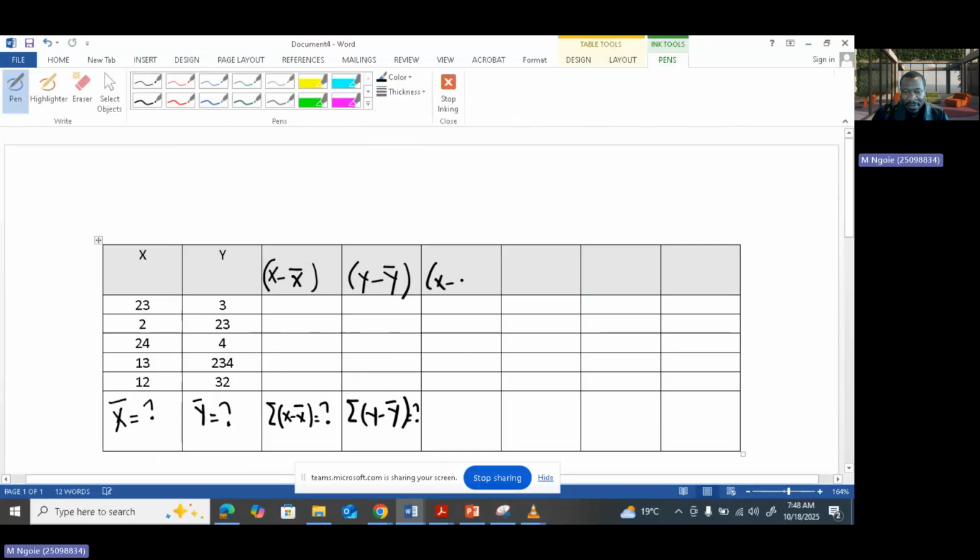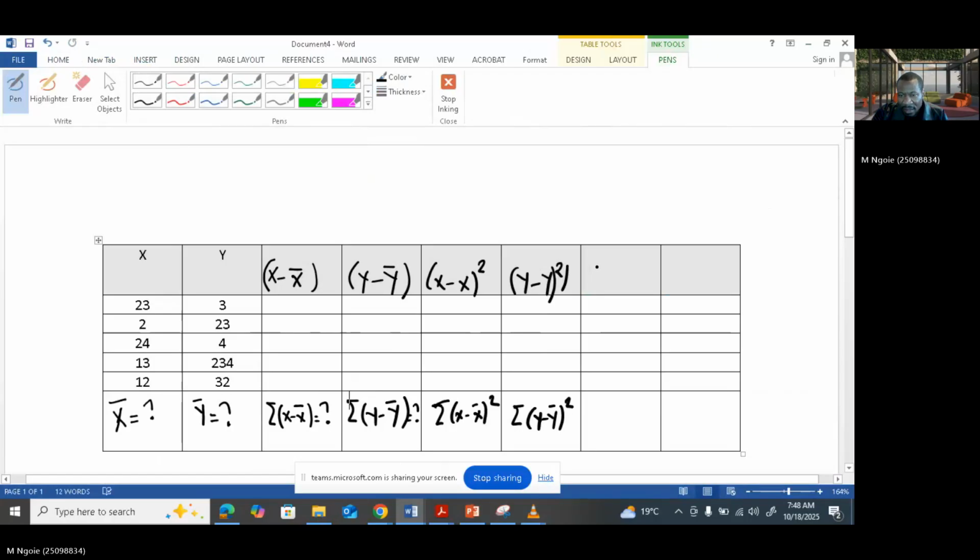And here is x minus x bar squared, y minus y bar squared. And here you're going to do the sum of x minus x bar squared, sum of y minus y bar squared.